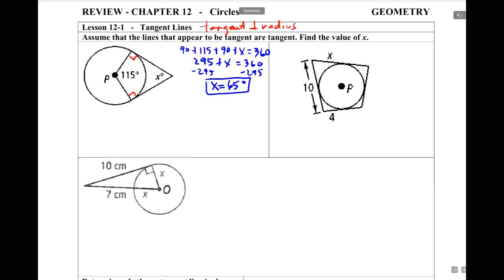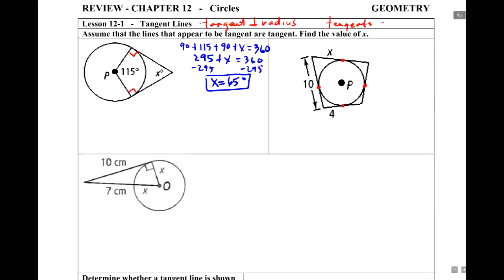Let's look at our next one here. I see a quadrilateral circumscribed about our circle. That means we have points of tangency, and our theorem there said that tangent lines that intersect outside of a circle are congruent.